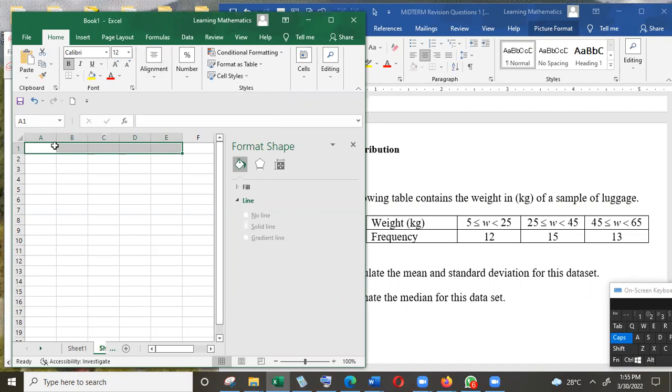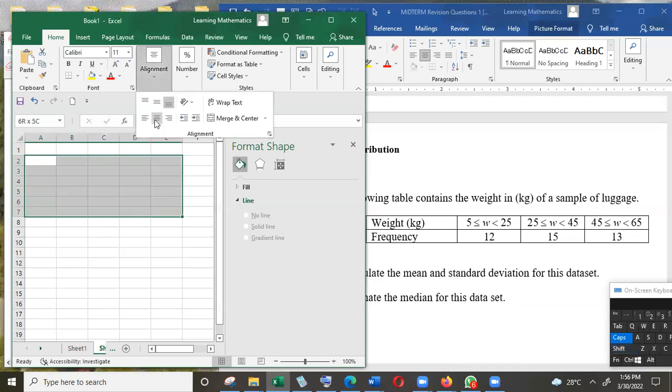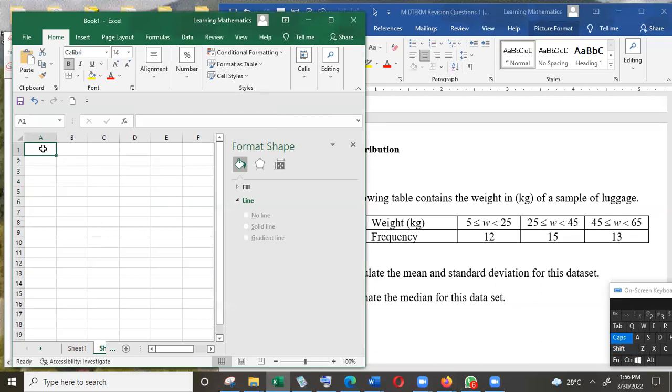And increase a little bit. Centralize also. So now here we're going to put the lower boundary, the upper boundary. We're going to calculate x, we're going to calculate fx, and we're going to calculate, let's go to the formula.